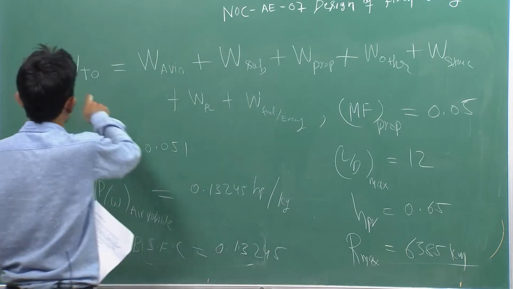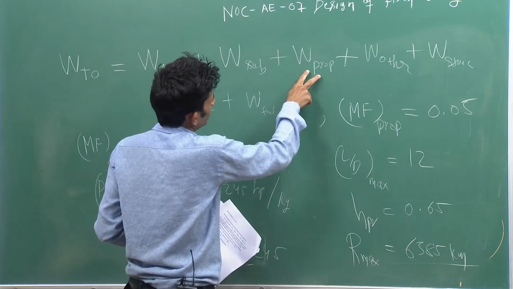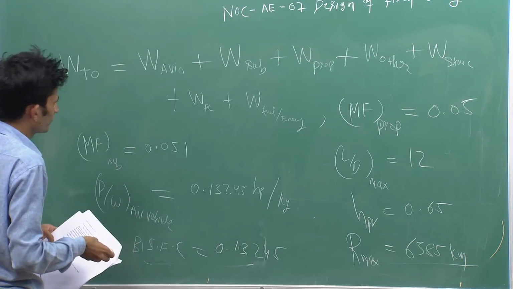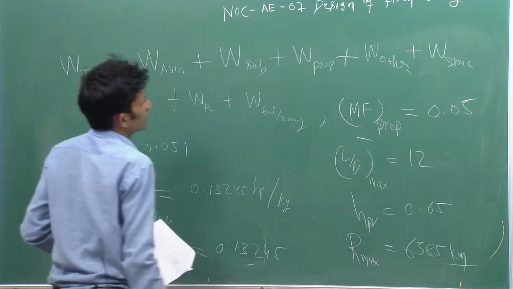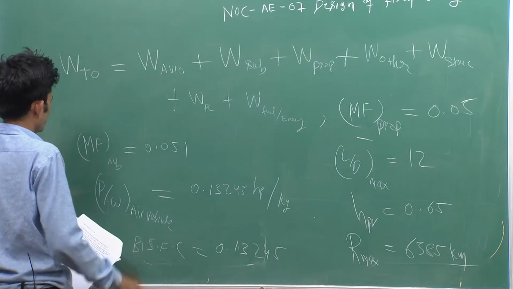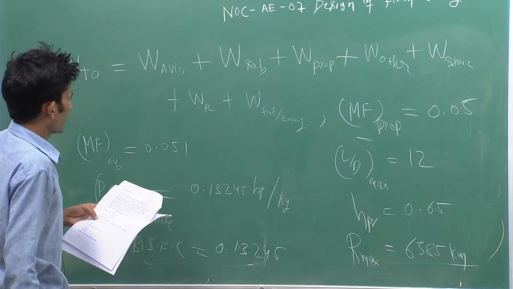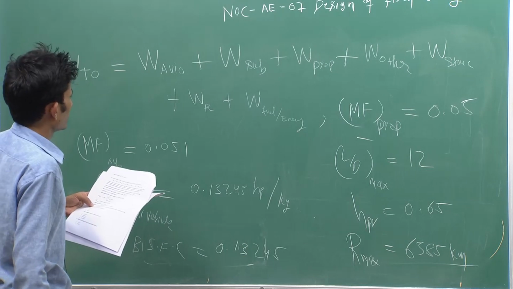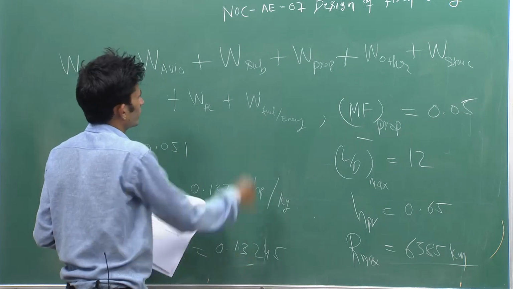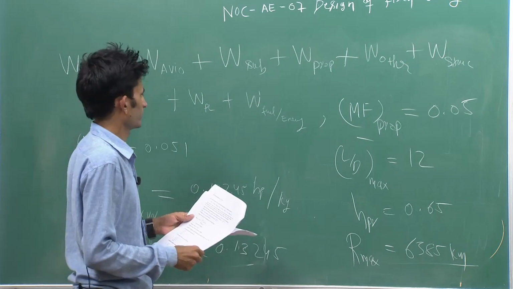If you divide by W takeoff, you will get the mass fraction of propulsion, which is given, W structures divided by W takeoff, the mass fraction of the subsystem, which is given, and the mass fraction of the fuel, W fuel divided by W takeoff, which you have to find.